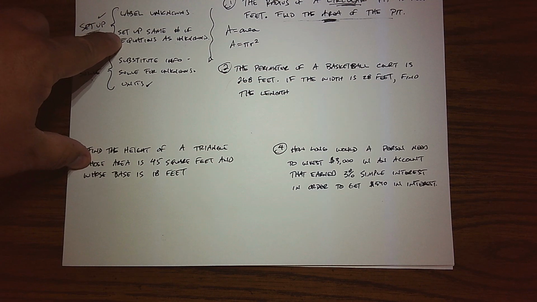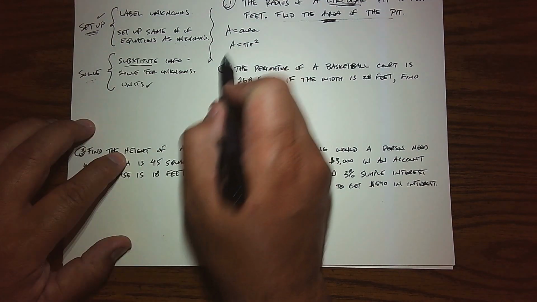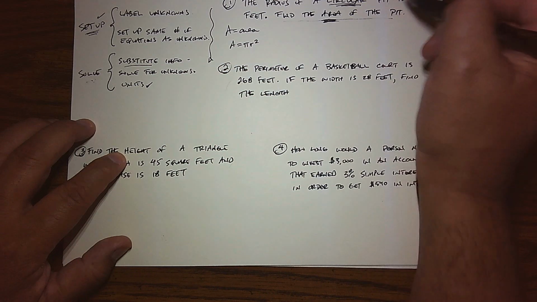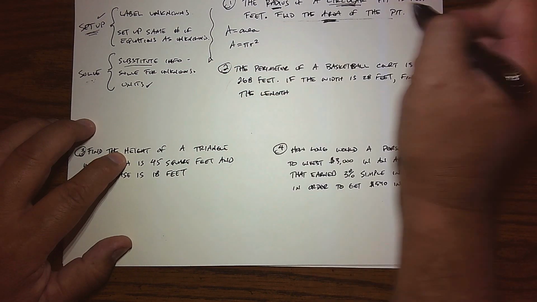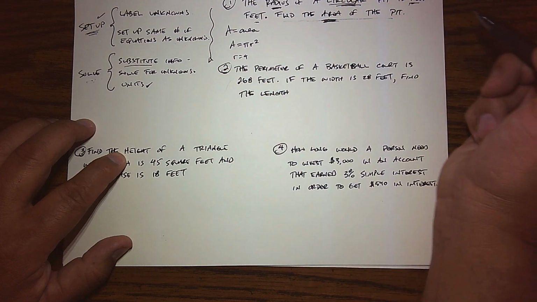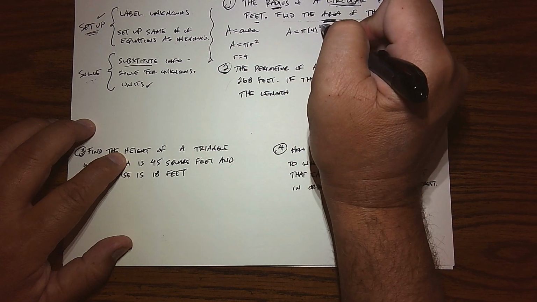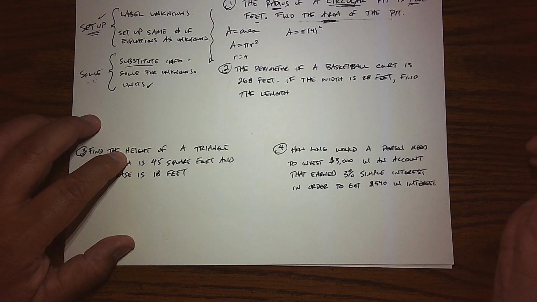You created the same number of equations as unknowns. Now we're ready to start solving. What I'm going to do now is substitute information into the equation I have. When we read this carefully, we're told that the radius is 4 feet. So that's basically telling us that r is 4. So I'll take my formula and I'll plug 4 in for the radius.